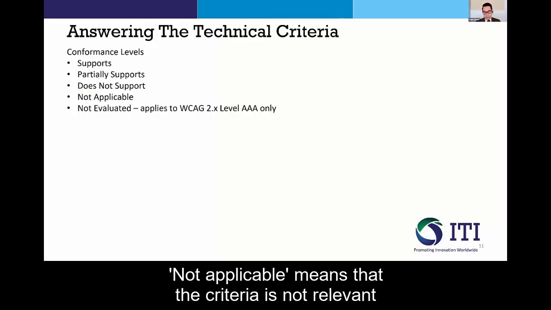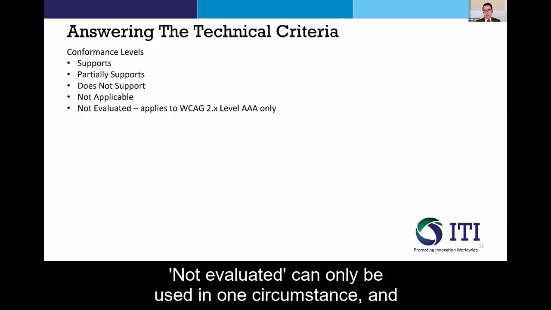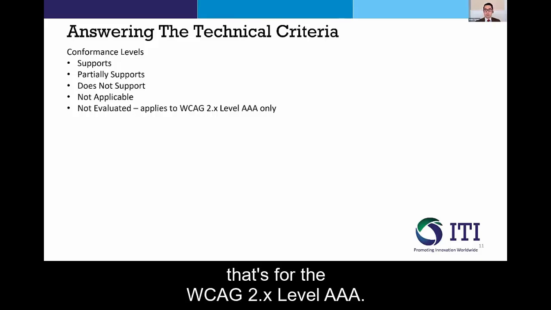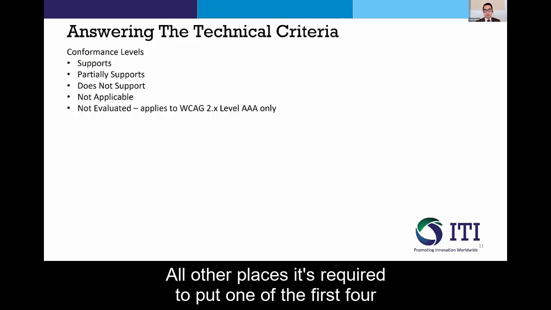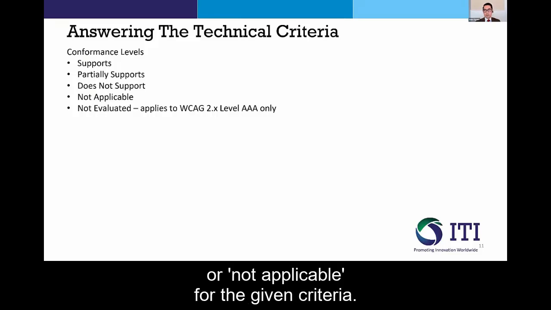Not applicable means that the criteria is not relevant to the product. Not evaluated can only be used in one circumstance, and that's for the WCAG 2.x level AAA. All other places it's required to put one of the first 4: supports, partially supports, does not support, or not applicable for the given criteria.